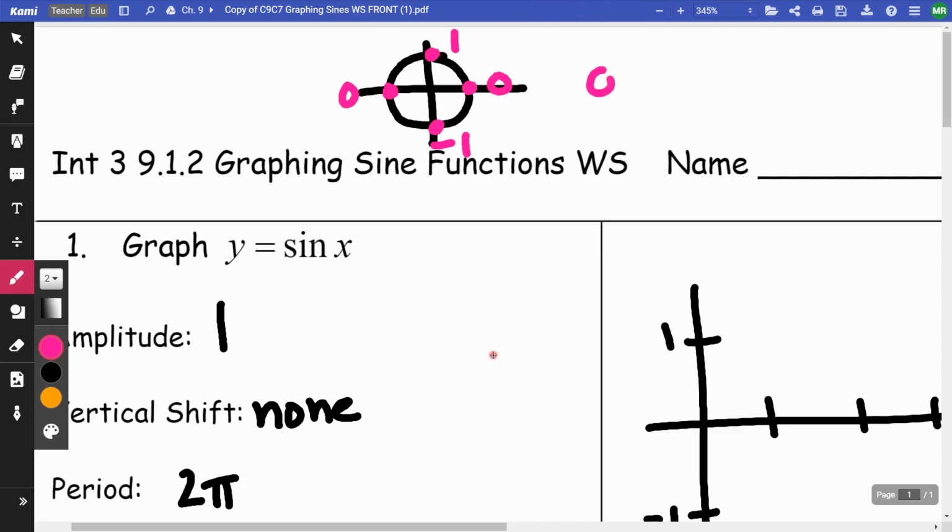So I'm really going to be graphing 0, 1, 0, -1, 0. I start at 0, I end at 0, halfway in between 0. Then in between those, I'm going to have my 1, and in between those, I'm going to have -1.